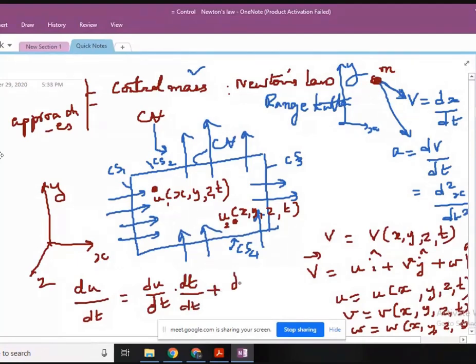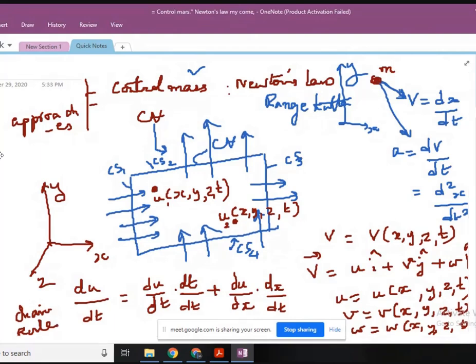Then how the property varies with respect to space, and how space varies with respect to time. This is a basic chain rule, a mathematical technique for when a variable depends on other variables, to see how the change in that variable is affected. It is nothing new.